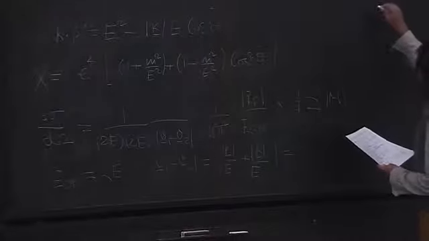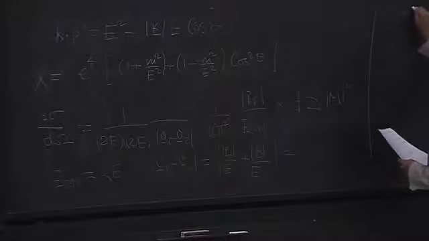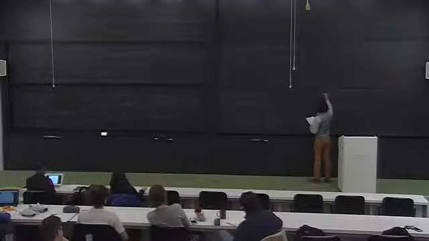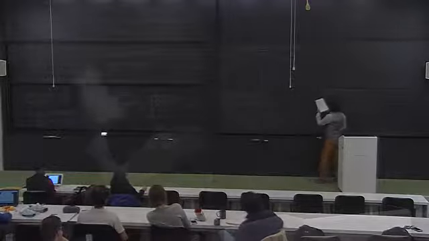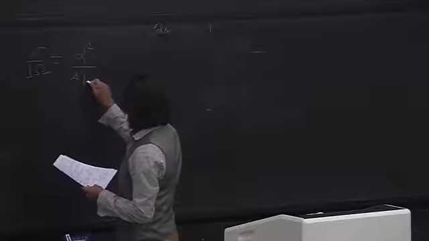So anyway, when the dust settles, you have the differential cross-section expressed in terms of a new quantity, alpha squared, which I will define momentarily.